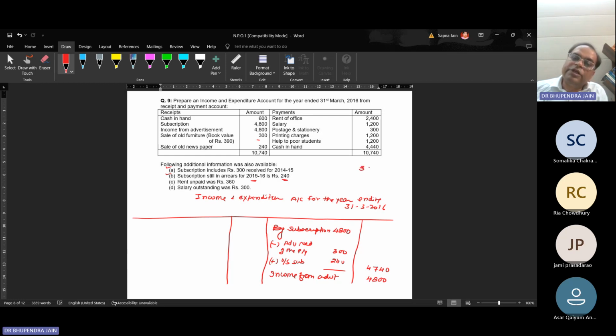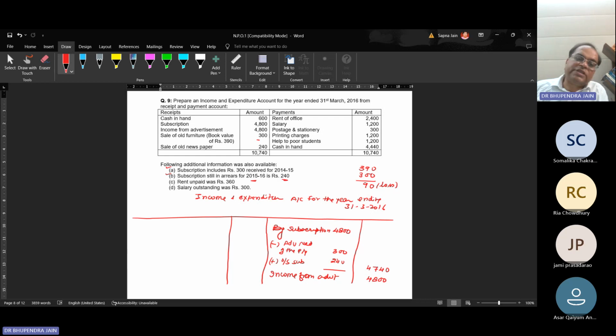We have sold the old furniture for rupees 300, so 90 rupees is the loss.